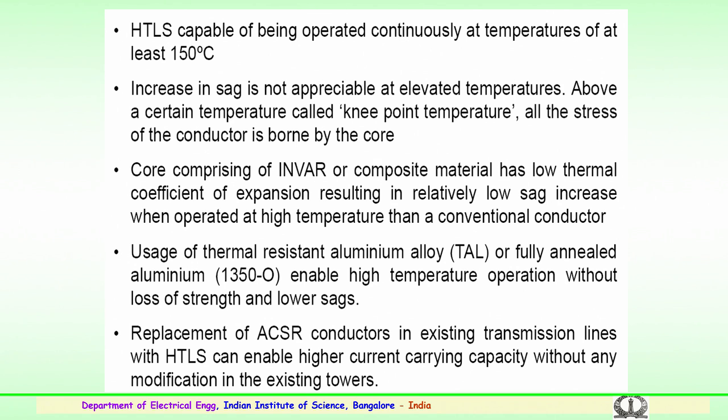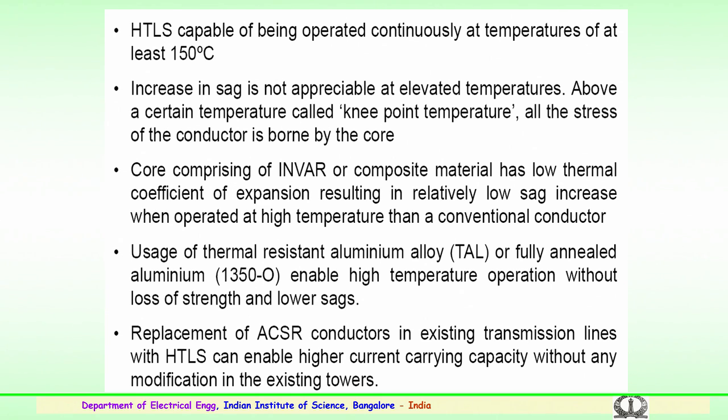So, the replacement of aluminum conductor steel reinforced or AAAC, that is all aluminum alloy conductors, or other conductors in the existing transmission lines with the high temperature low sag conductors will enable the current carrying capability to be increased without any modification in the existing tower.